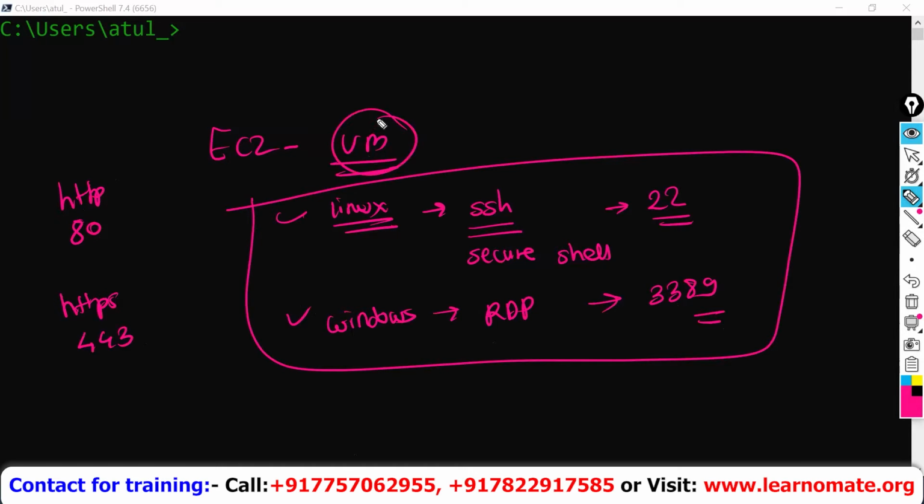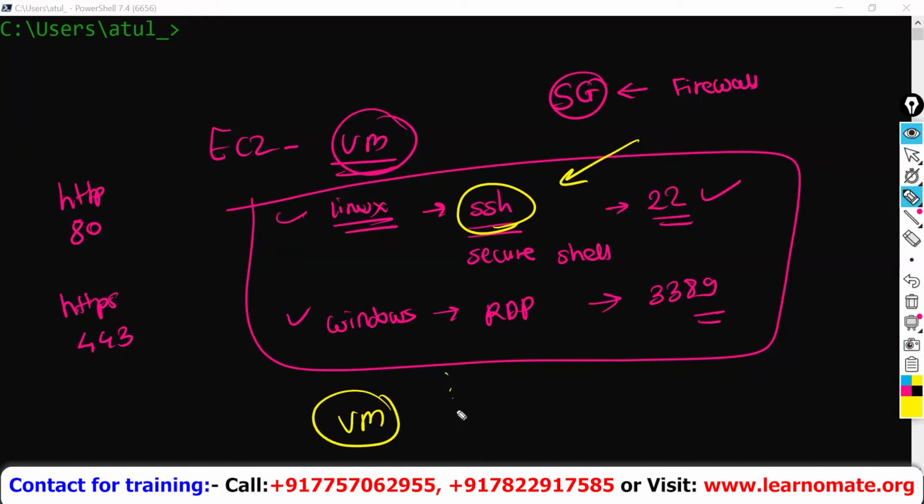When you are launching any virtual machine, you need to define a security group. This security group will act as a firewall. Suppose I'm allowing port 22, then only I can have an SSH connection from outside the network. Here will be my virtual machine, here will be my security group, and here will be your internet.